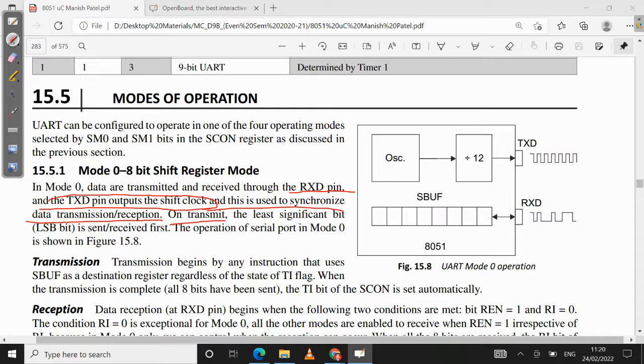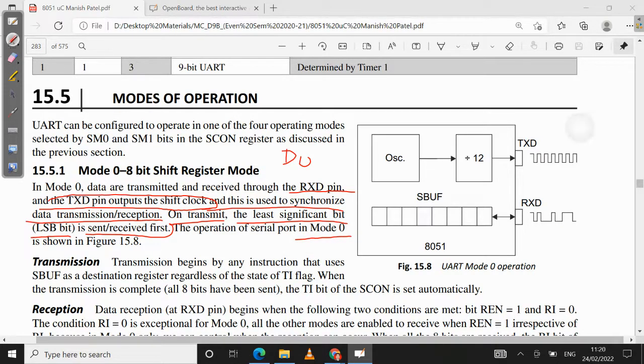On transmit, the least significant bit, LSB, is sent or received first. Okay, what is your LSB? Your LSB is D0. So whenever you are transmitting, D0 will be sent first, then D1, then D2. Similarly, when you are receiving the data, D0 will be received first, then D1, D2, and so on. So that is the function in mode 0. What is shown here?